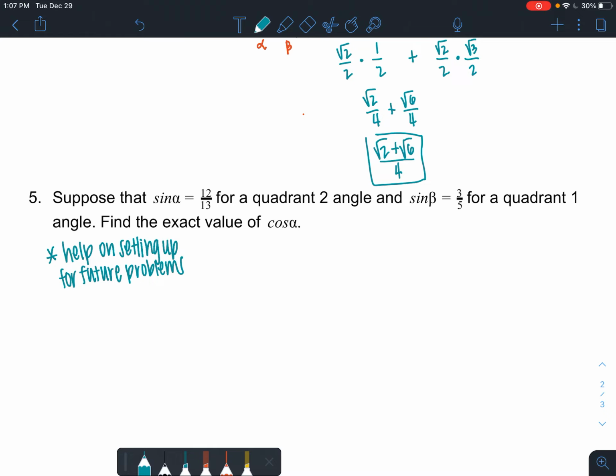It says, suppose that sine of alpha is 12 over 13 for a quadrant 2 angle, and sine of beta is 3 over 5 for a quadrant 1 angle. Find the exact value of cosine alpha and cosine beta.